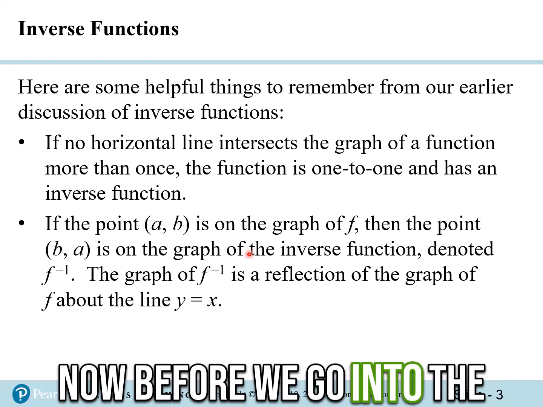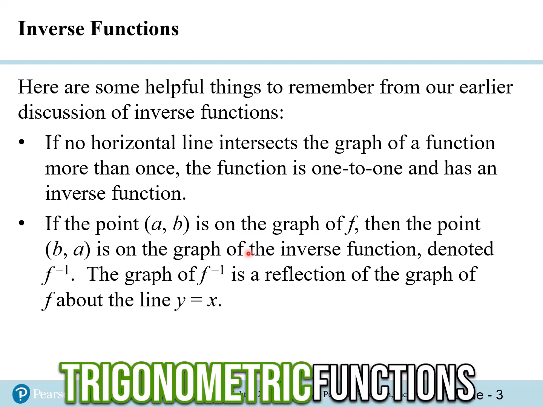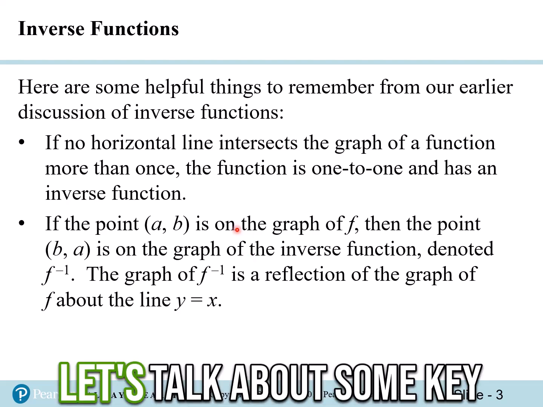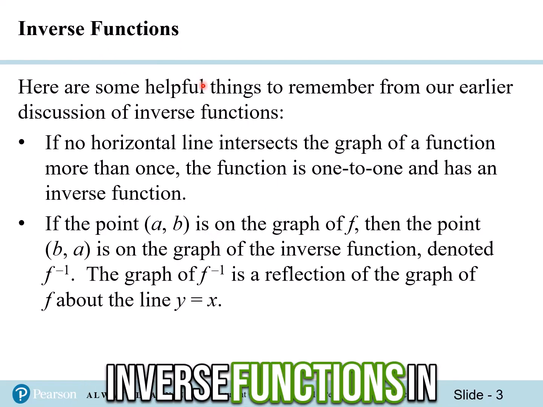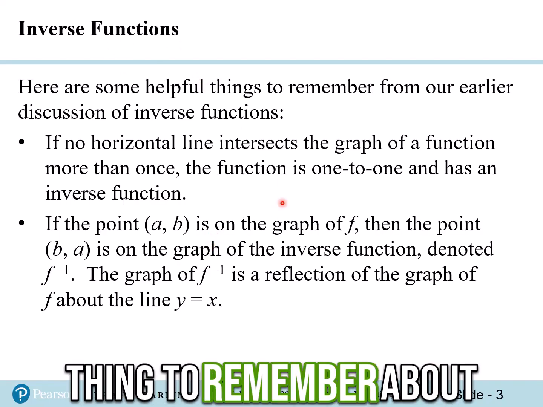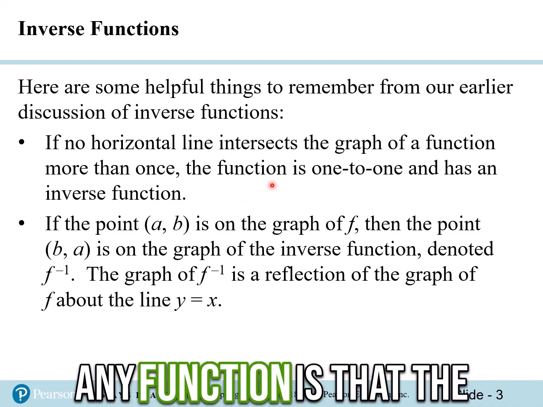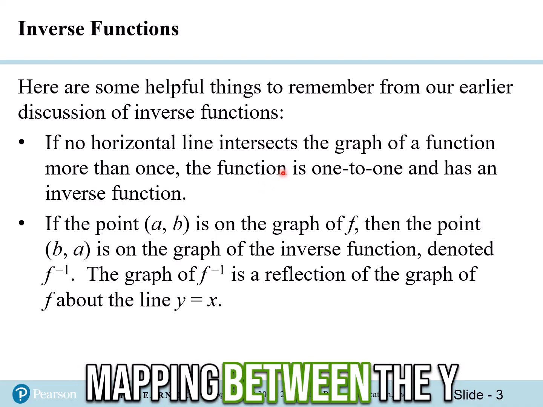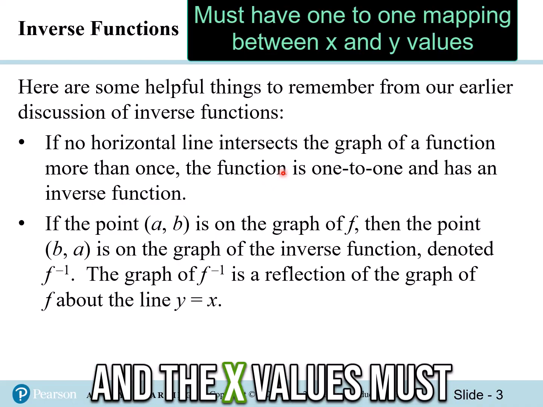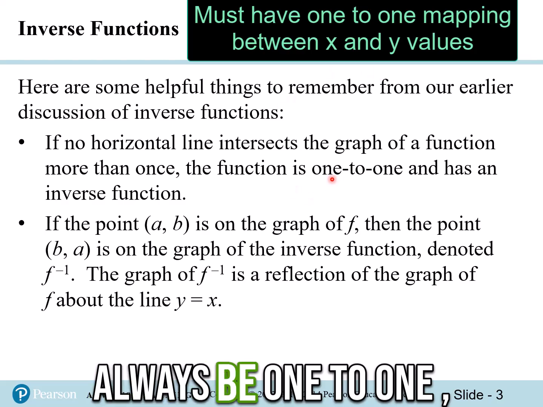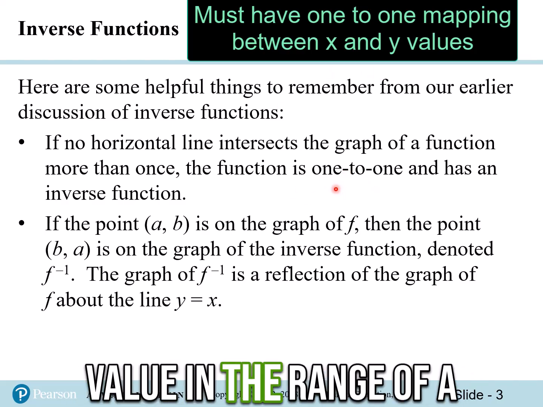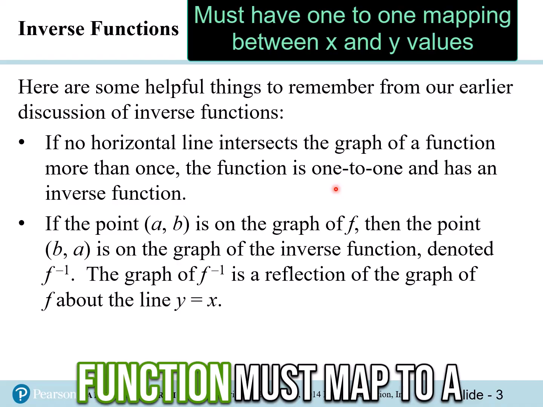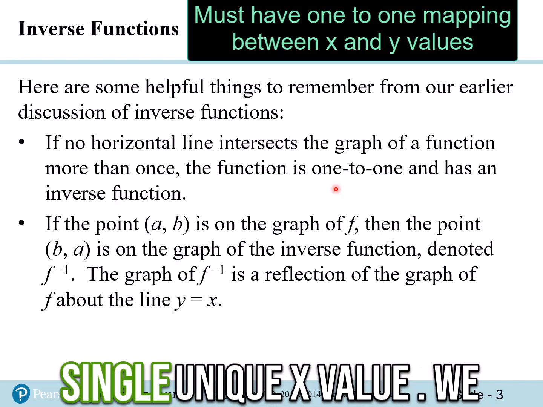Now, before we go into the study of inverse trigonometric functions, let's talk about some key characteristics of inverse functions in general. The first thing to remember about any function is that the mapping between the y and the x values must always be 1 to 1, which means that every y value in the range of a function must map to a single unique x value.